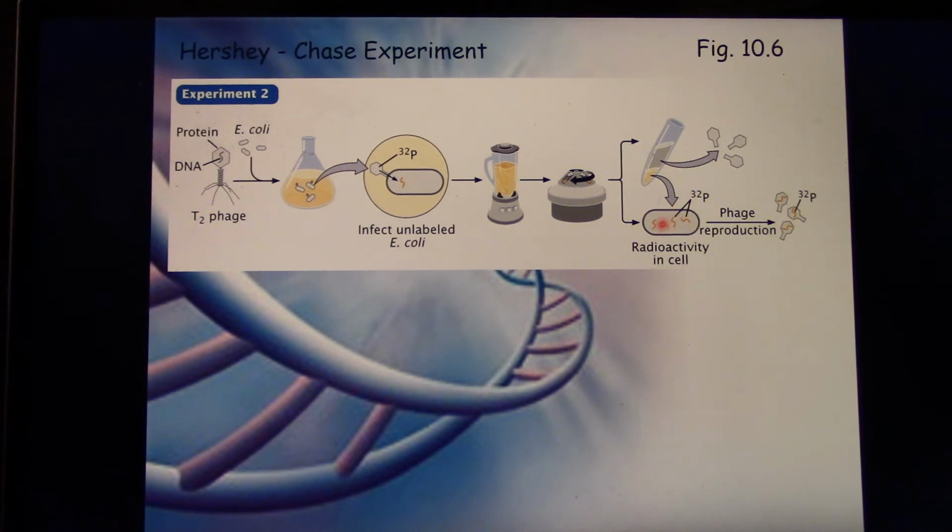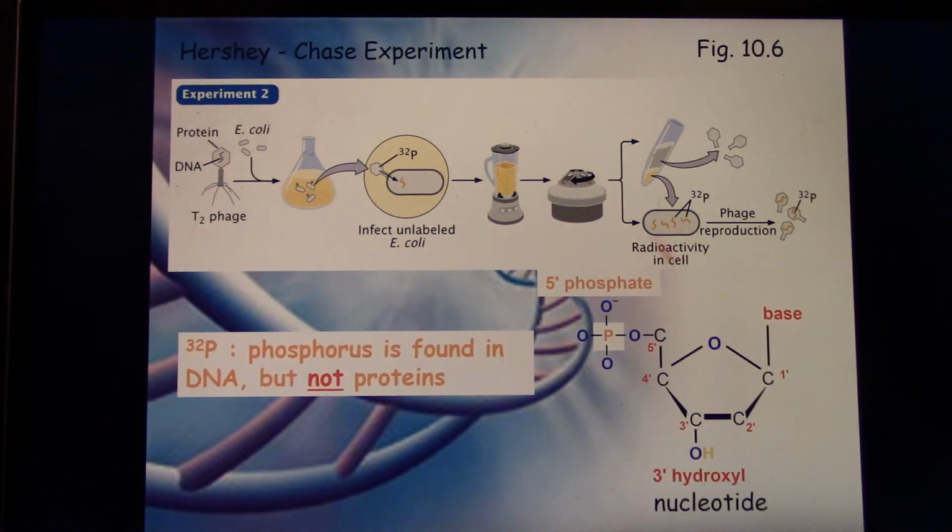And this time they found that the P32, which was labeling the DNA, because DNA contains phosphorus in the phosphate group, and proteins do not contain phosphorus. So they knew that what got into the cell and allowed for this big change where the cell was converted into a virus factory was due to DNA getting in there.